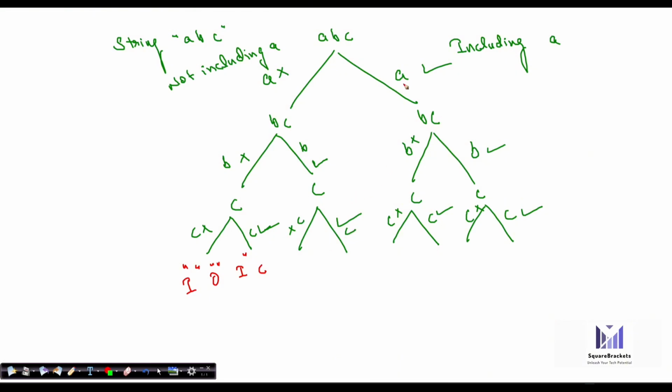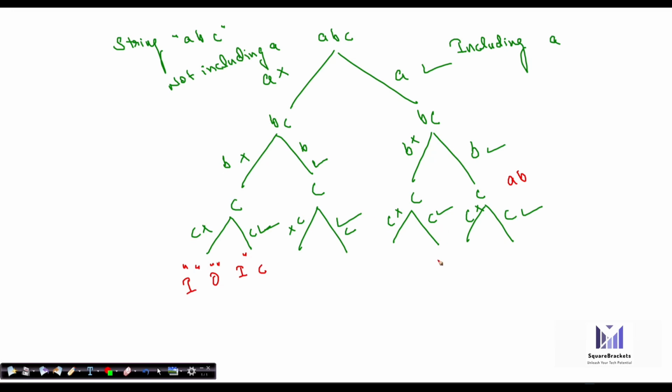So it would become B, C, B, B, then we have C, C. If you concatenate, first you include A, then include B, so it becomes AB. Similarly, we include A, exclude B, then include C, so it becomes AC. Just try to understand all these things.